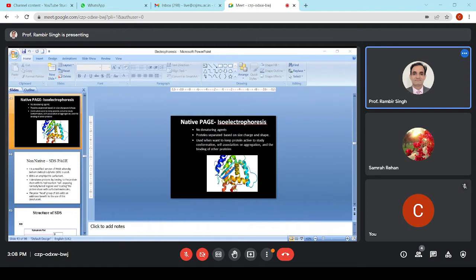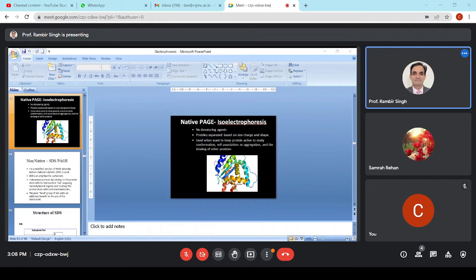Since the charge on the protein is a function of pH, if a protein here has negative charge, gradually it will move towards the positive electrode. If a protein has positive charge, gradually it will move towards the negative electrode, right?